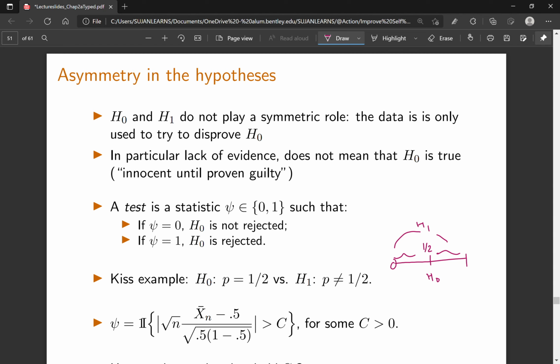Let me go back to the test statistic and talk a little bit more about the test function. Here we have the test function called psi. When psi is 0, H0 is not rejected, and when psi is equal to 1, H0 is rejected.